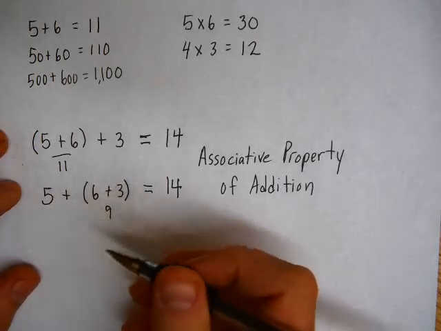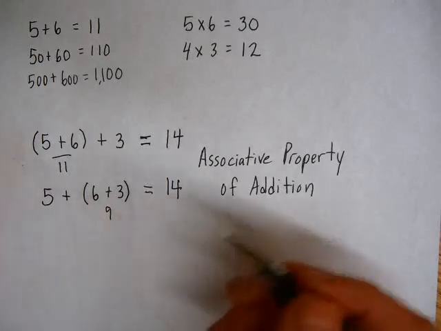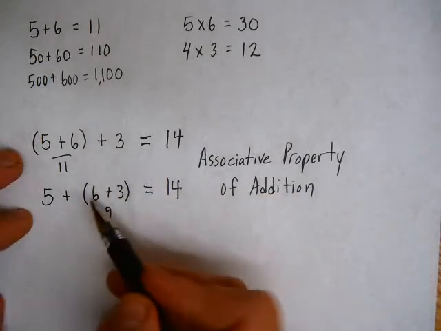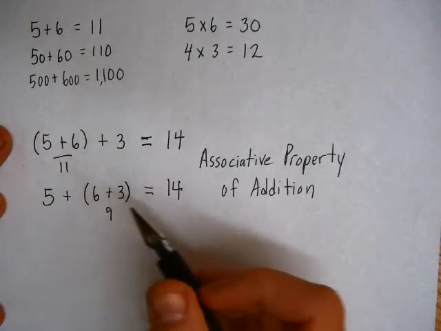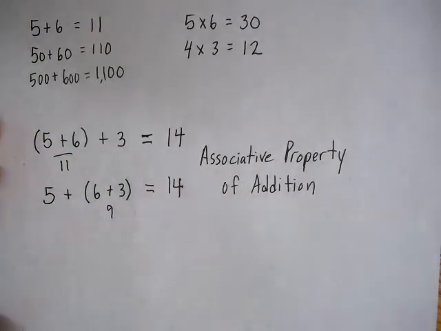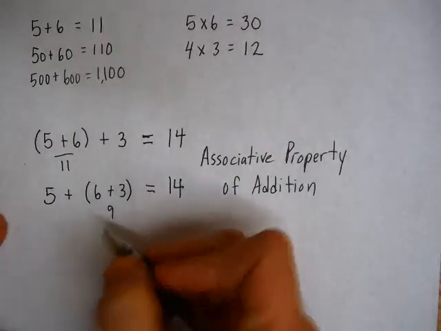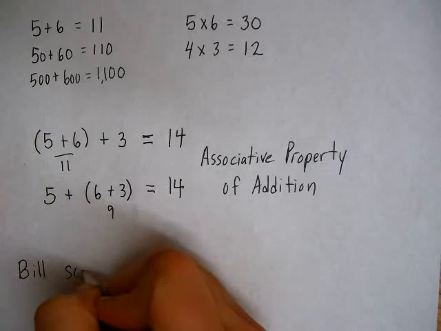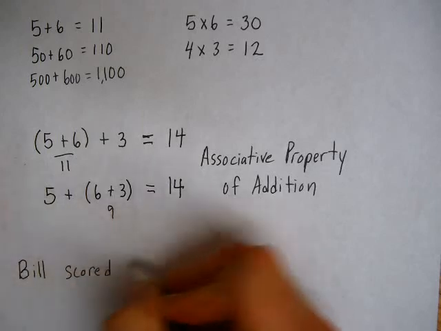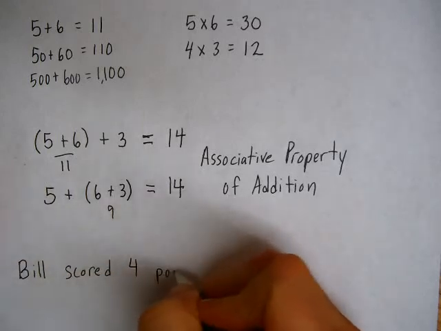We also want kids to be able to take a number story and generate a number model with parentheses to go with it. So if we have a number story, for example: Bill scored 4 points.